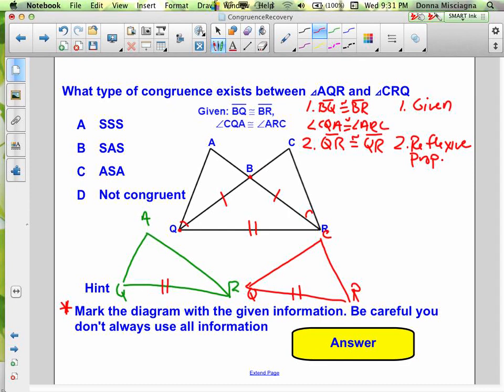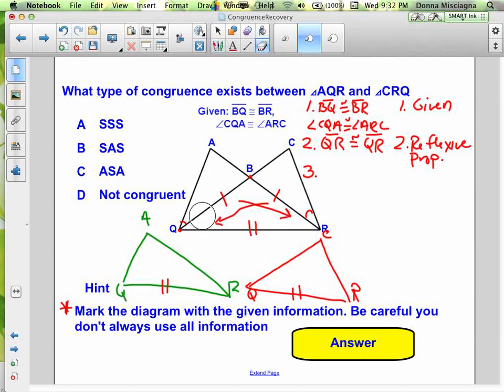Because that will give us some additional information, and I can always reference something in advance. So I'm going to reference something from triangle theorems. I'm going to reference the fact that because these two sides are congruent, these two angles have to be congruent as well.